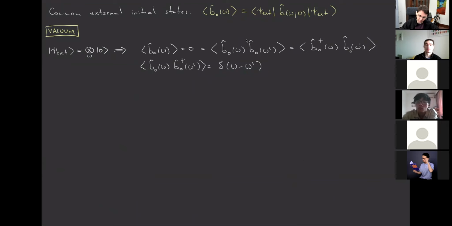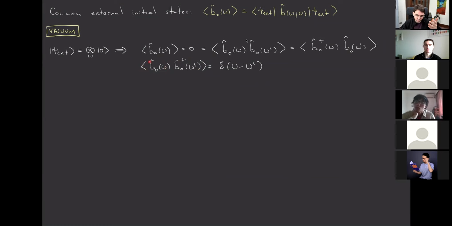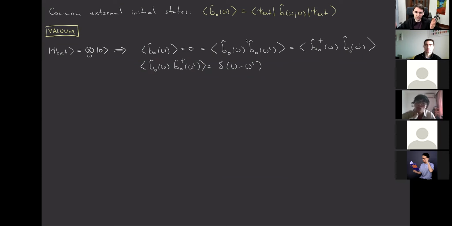And then essentially you get this expression here. But it's also much more physical: you start from vacuum, you create a photon at frequency omega, and then if you destroy that photon at frequency omega, then you are connecting it to the vacuum state again. But if the frequencies are different, then you create a photon at frequency omega prime, and then you destroy a photon at frequency omega, which is different, so that will give you zero. Okay?